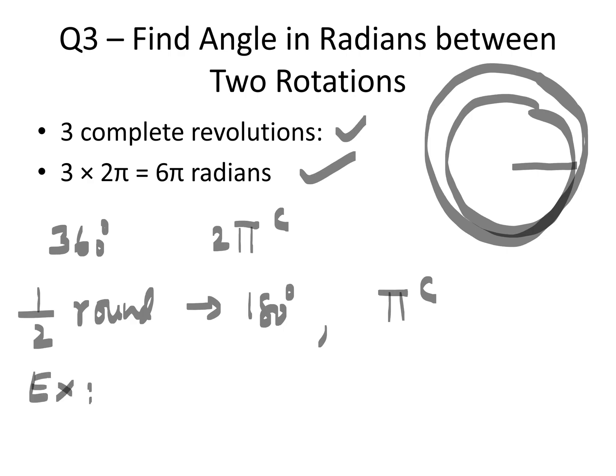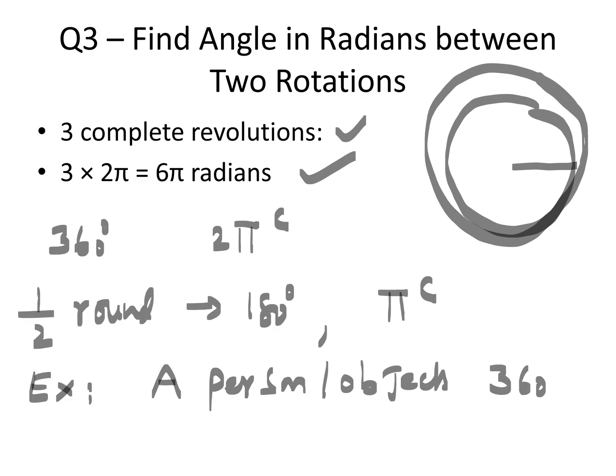In exercise 3.1, this question is given. Suppose a person or an object takes 360 revolutions, not 360 degrees, 360 revolutions in 60 seconds.